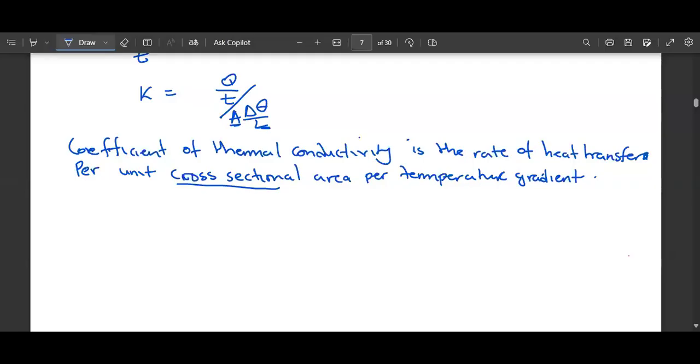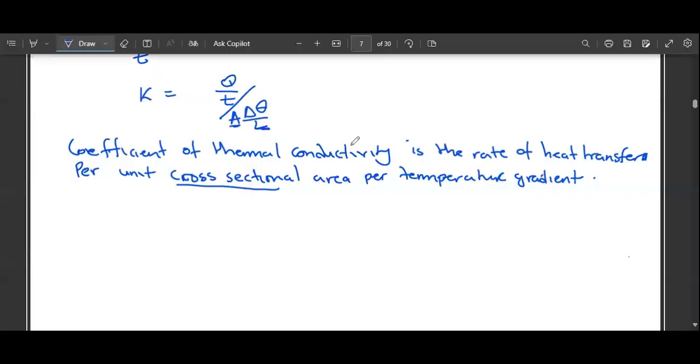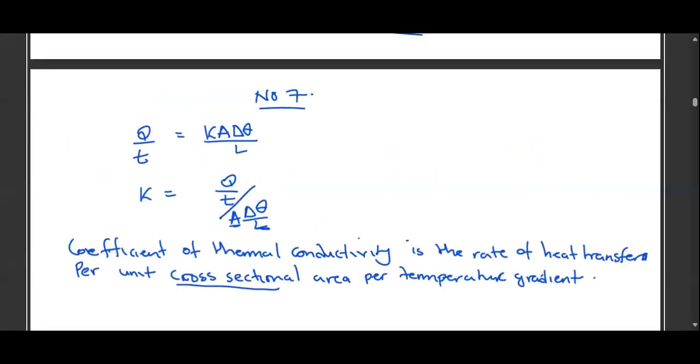Here I began by giving you this formula to help you understand the definition of coefficient of thermoconductivity. So our rate of heat transfer in the material is given by coefficient of thermoconductivity times cross-sectional area times temperature change divided by the thickness of the material. If you make K the subject, we have K equal to Q divided by T, divided by cross-sectional area divided by temperature gradient.